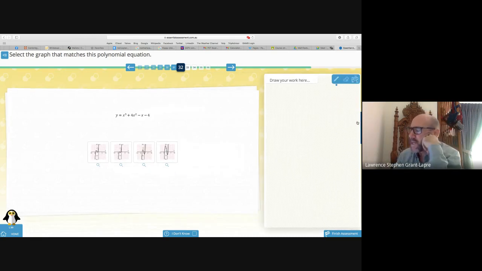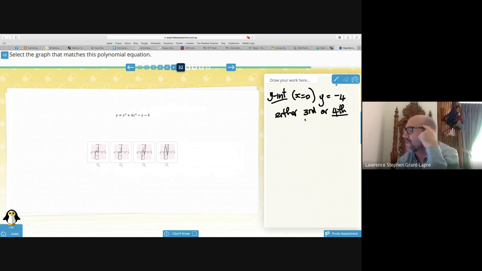This time we have to sketch it, all right? So we know the y-intercept will be the number on the end when x is 0. So the y-intercept will be -4. And that means it's either the third or the fourth graph, because they're the only two crossing at -4. Actually, let's look at our x-intercepts and make a choice.